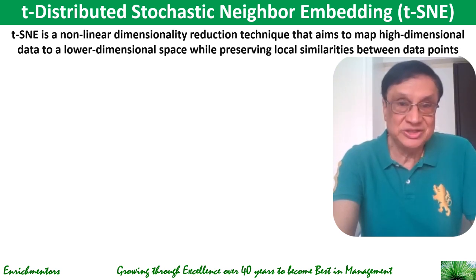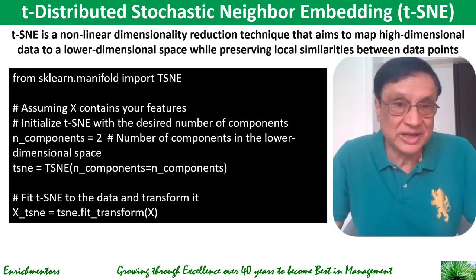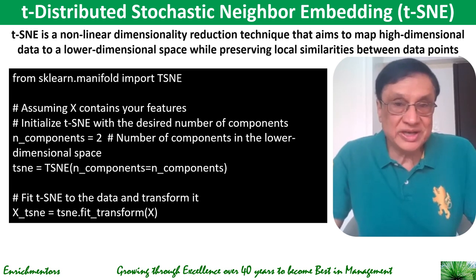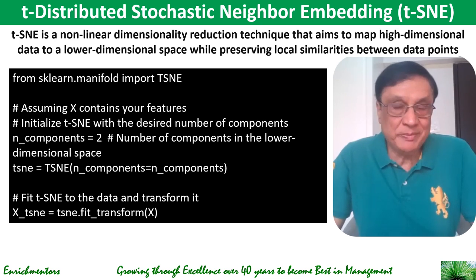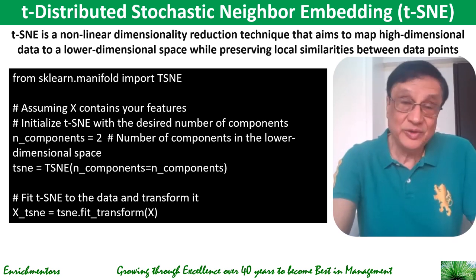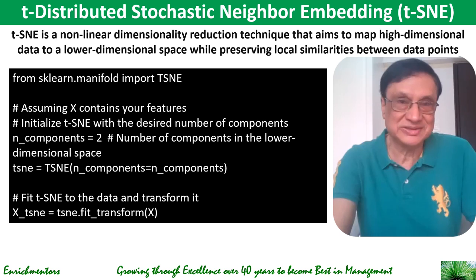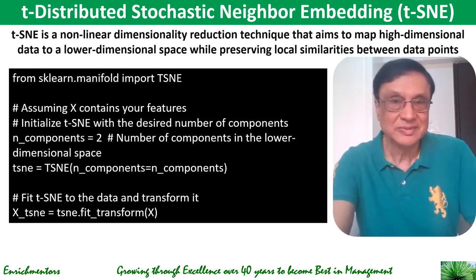What are the commands you need to run in sklearn? Let's take a look. Again, you assume X contains your features, you import TSNE first, then you initialize TSNE with the desired number of components. Again, you can choose 2, 3, 4. Then you fit TSNE to the data and transform it, and voila, you have your answers. Obviously, you need to check it. Life is not as simple as I'm making it out to be right now.